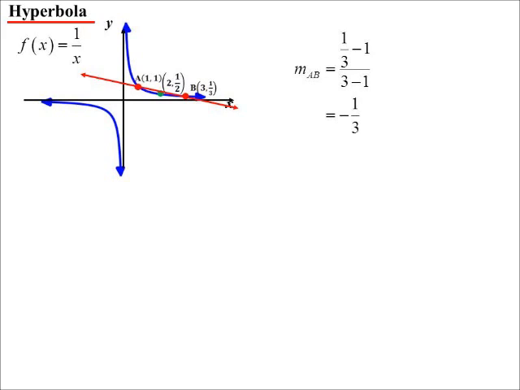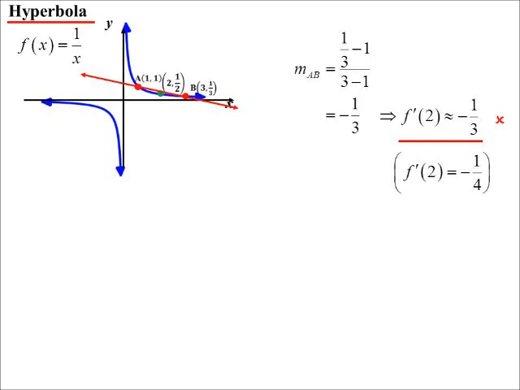It's negative 1/3. So I'm saying it's going to be approximately negative 1/3. That's not correct. That isn't actually what the value is. The value is actually negative 1/4. So choosing symmetrically on the hyperbola doesn't work.